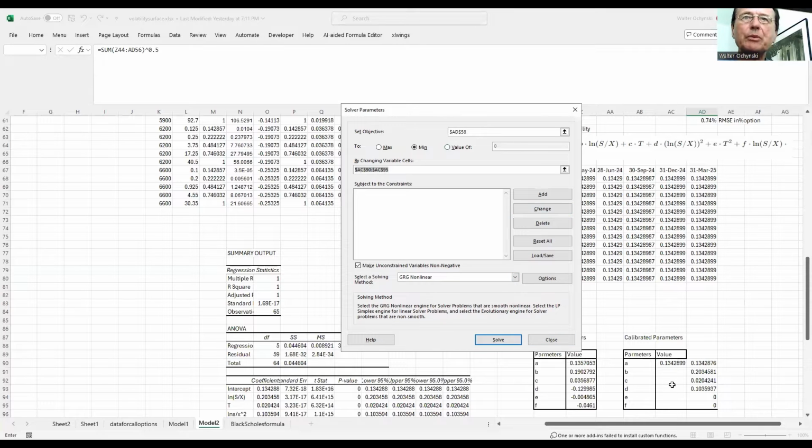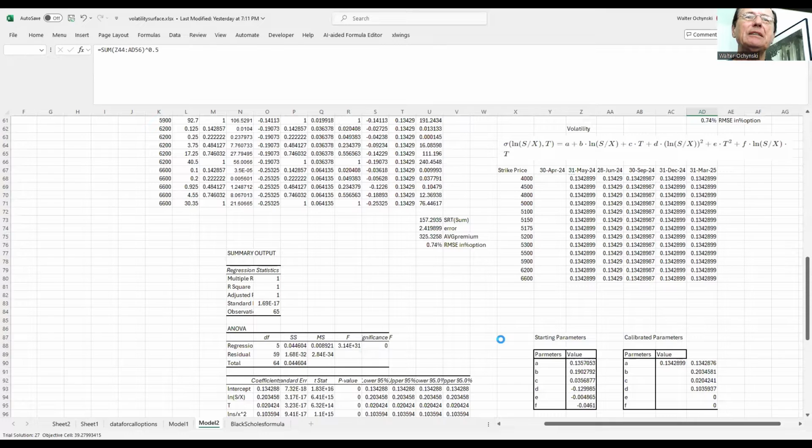It must be AC90 to AC95, I assume it is okay, but just to be on the safe side, I show it again. Okay, 90 to 95, and I must press minimum. I want to have the value in cell AD58 as the smallest one, and I just press solve, and the result is done. Okay, it's finished.